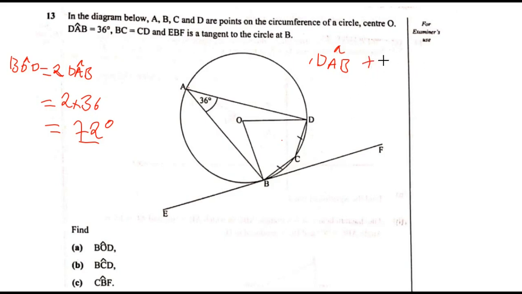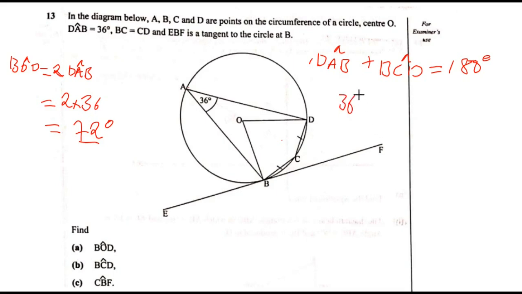So if I get angle DAB and I add angle BCD, I should get 180 degrees, because these are alternating angles of a cyclic quadrilateral.